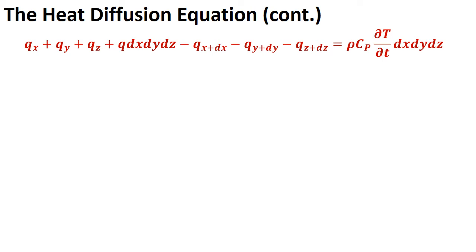The energy stored is given as rho Cp ∂T over ∂t dx dy dz. These terms we have discussed earlier.